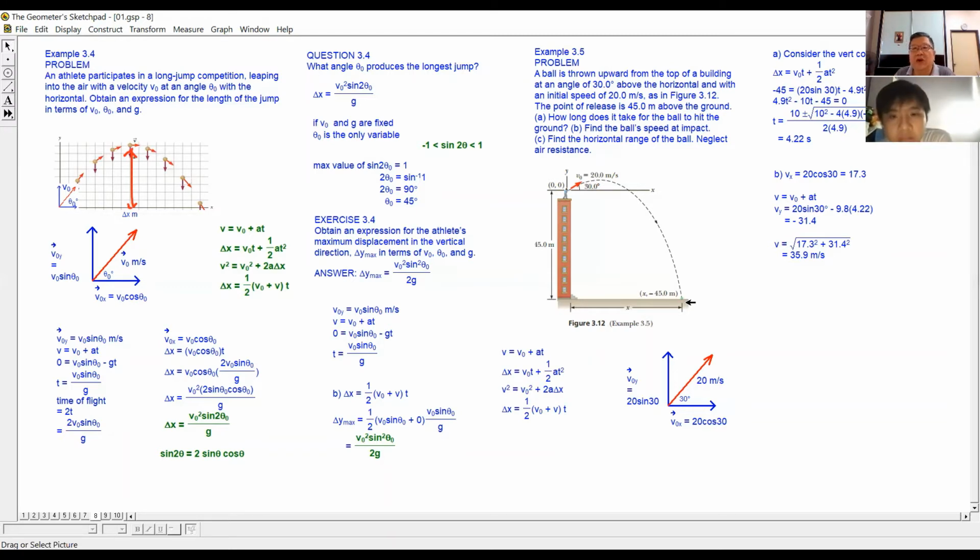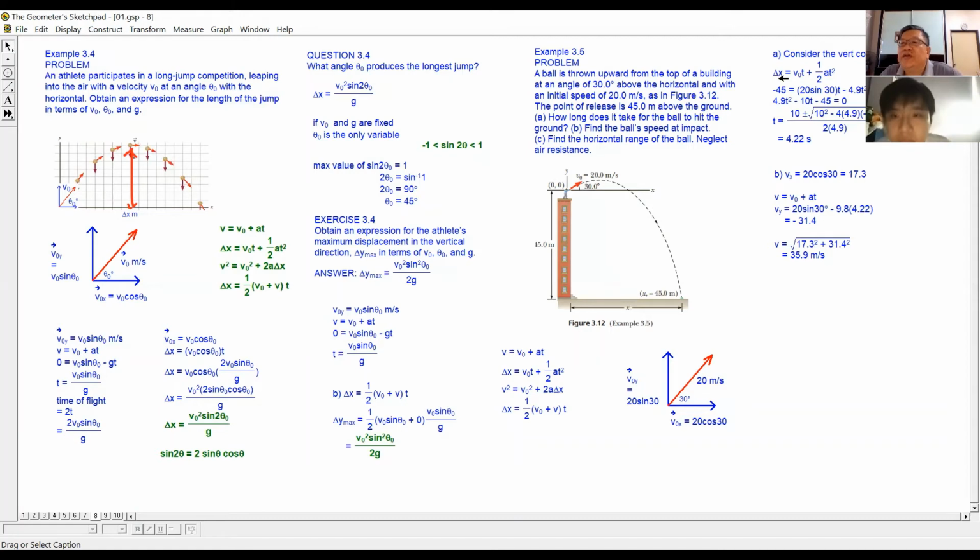So I have to find the time of flight for this projectile, for the ball, and I substitute this time into the horizontal component to find the horizontal distance covered. So first of all, I want to find the time. How long does it take for the ball to hit the ground?